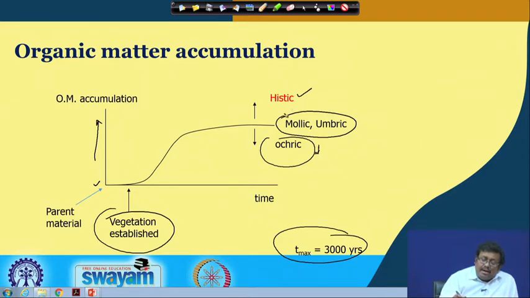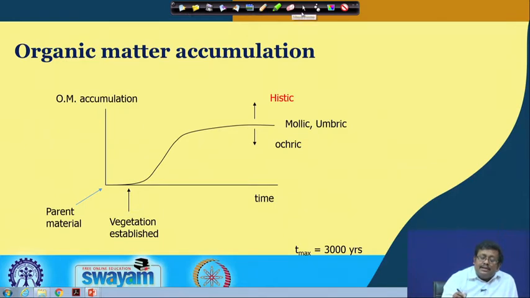So, that is how melanic and umbric stand in between histic and ochric epipedon. These graphs give you a basic idea about how we can segregate ochric and histic from melanic and umbric, and all of these are considered important surface soil horizons, based on which soil taxonomy differentiates or classifies different soils.